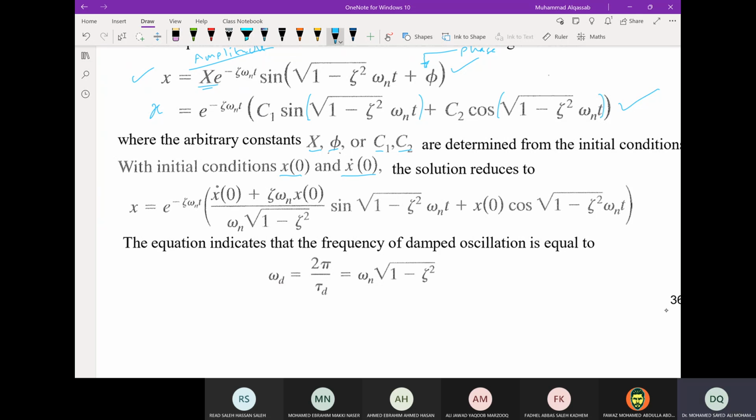Now this is the equation for the response. And as you can see from the argument of sine and cosine, this should be in radians. Then t, we know it is in seconds, right? t is in seconds.